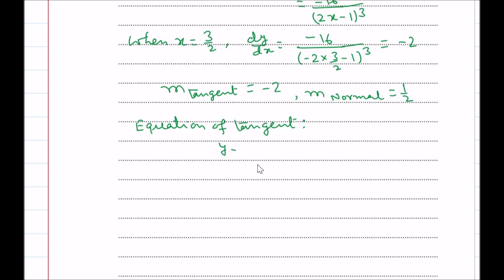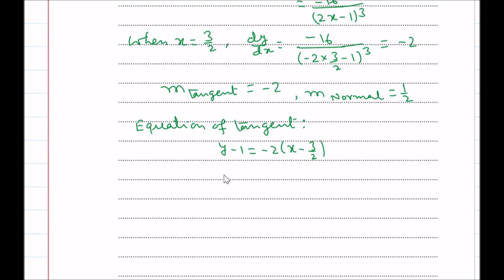y minus y1, and the coordinate of B is 3 by 2, 1, that means y1 is 1. So y minus 1 equals the gradient, which is minus 2, so minus 2 times x minus 3 by 2, because the x coordinate of B is 3 by 2.